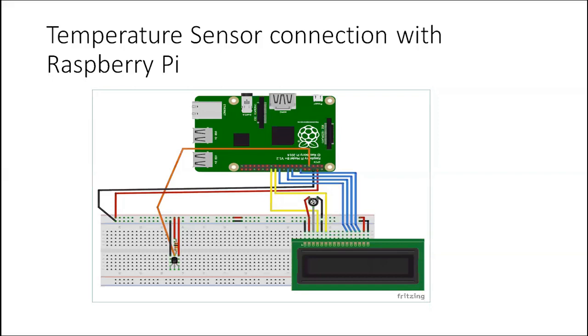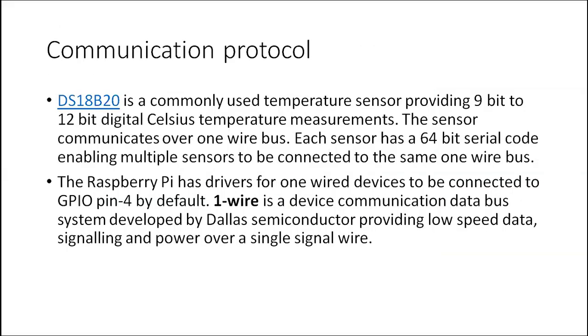In the next slide, we have just explained how this temperature sensor is connected with the Raspberry Pi, and which protocol we are using. Actually, if you see, it is given in your syllabus: design a wireless temperature monitoring system by using Pi.